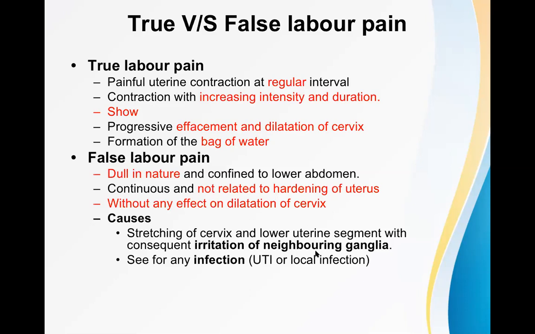It is not because of uterine contraction, and sometimes it can be there because of urinary tract infection, which is quite common in pregnant ladies, or any local infection in that area. So remember, there is false labor pain in that time, I should say.